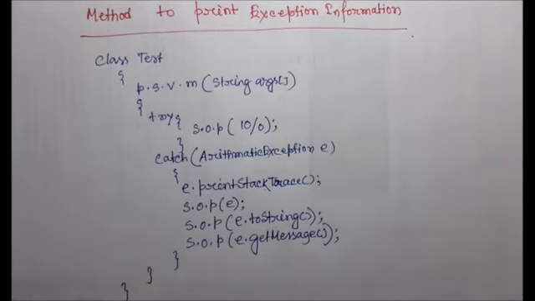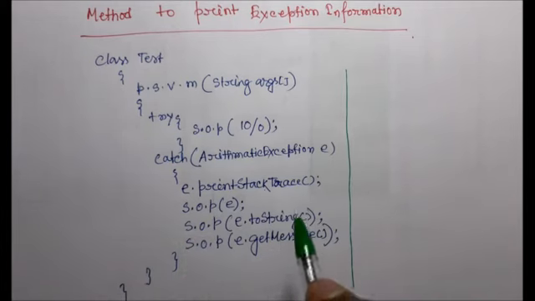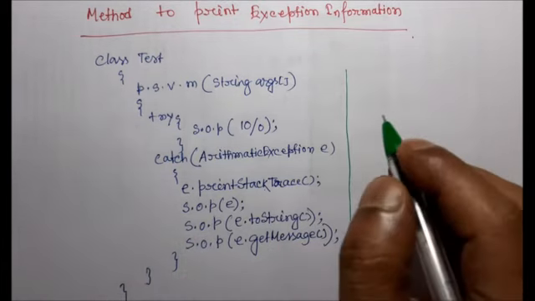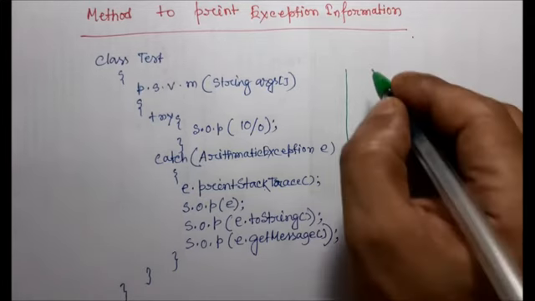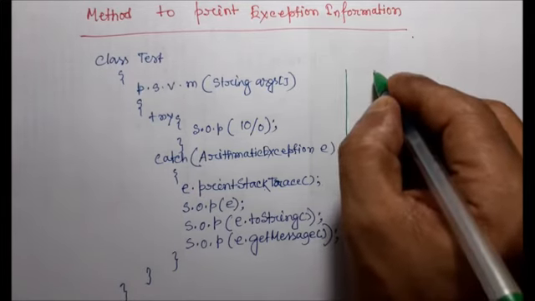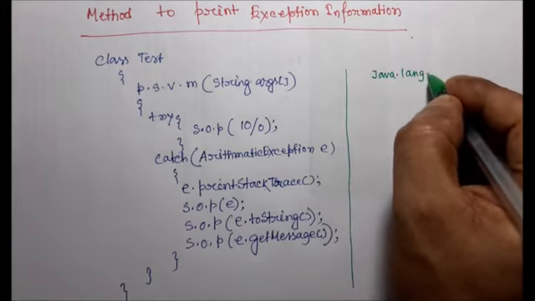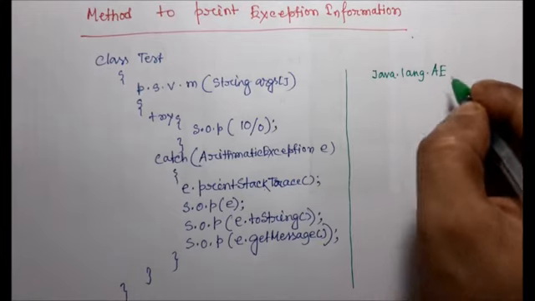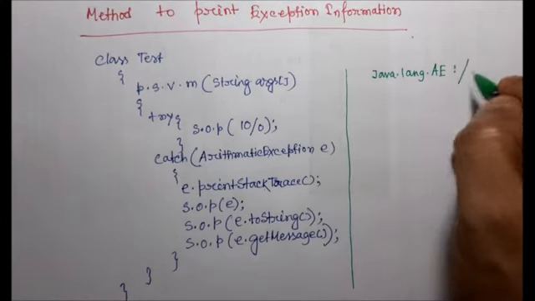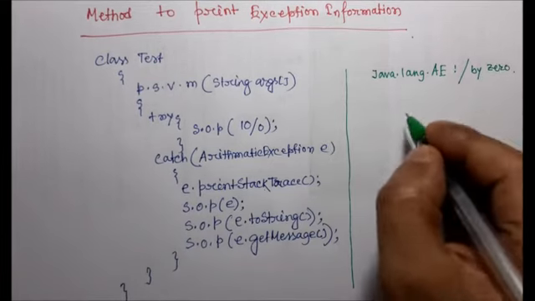So in this example, if any exception arises, what will the output be? I will get a runtime exception. We know the exception will show java.lang.ArithmeticException, I am writing it in short, ArithmeticException: / by zero, that is the message.